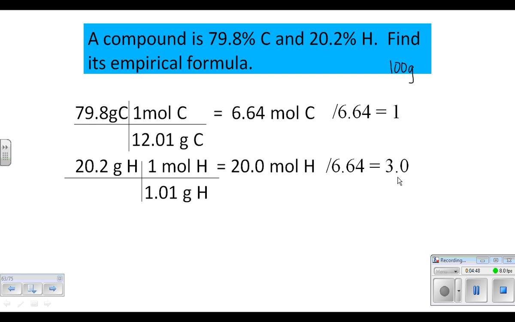So that will round to just become 3. So since this is now going to be 1, there's only going to be 1 carbon in the empirical formula. And since this will get rounded to 3, that will make 3 hydrogens in the formula. So our empirical formula would be CH3.